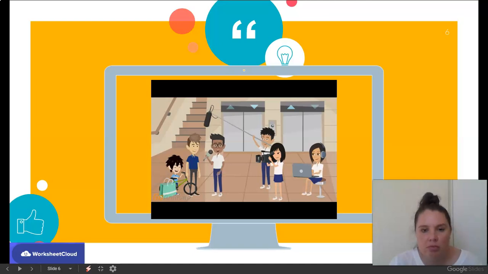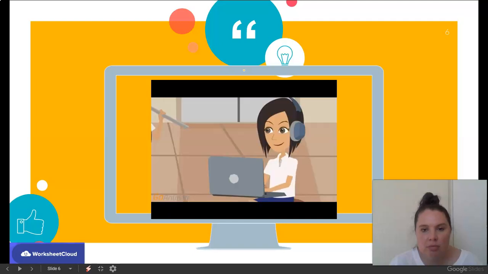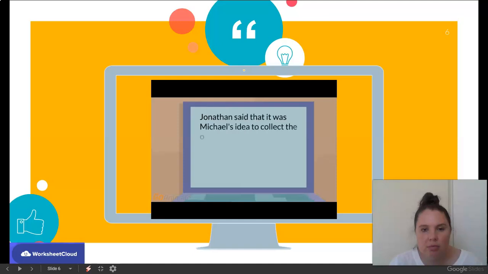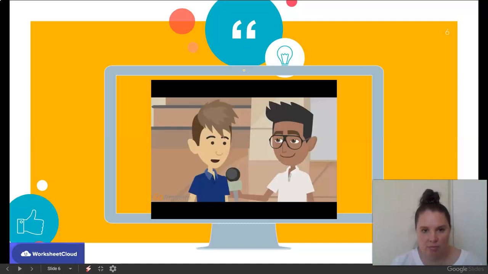Whose idea is it to collect old newspapers and other items from your neighbors? It is Michael's idea to collect the old items from our neighbors. The recycling bin is 2 blocks away from where we live. Listen carefully to the interview, and compare what is said with what Sarah types on her laptop.